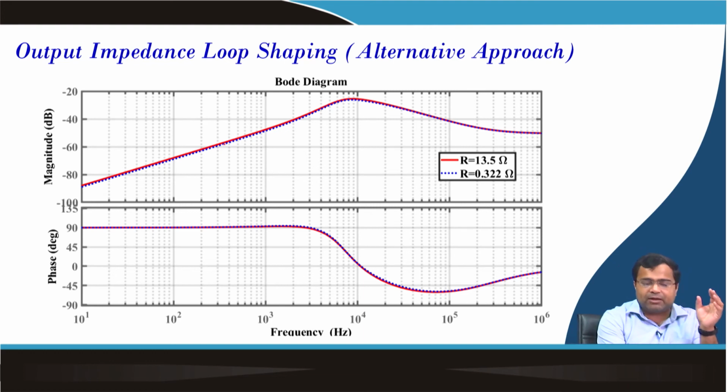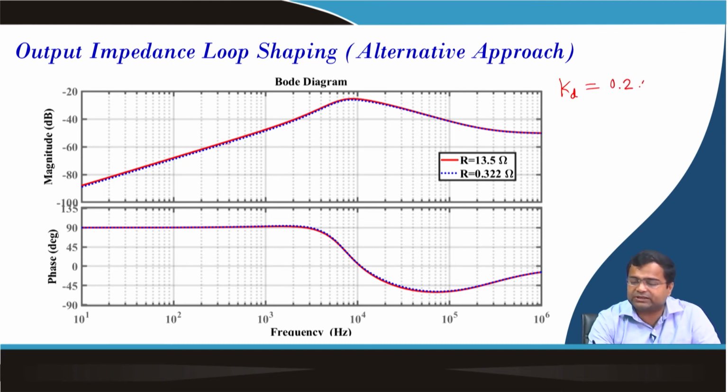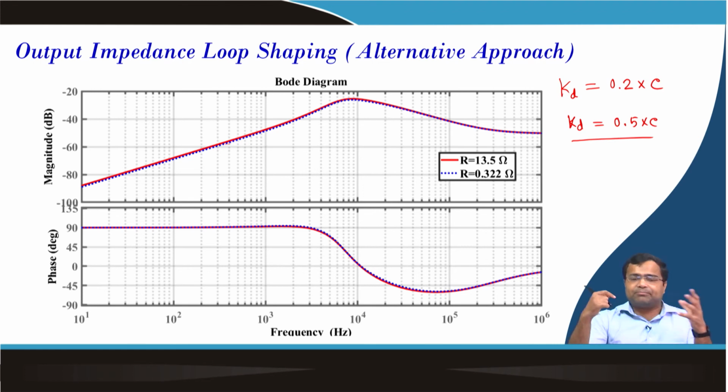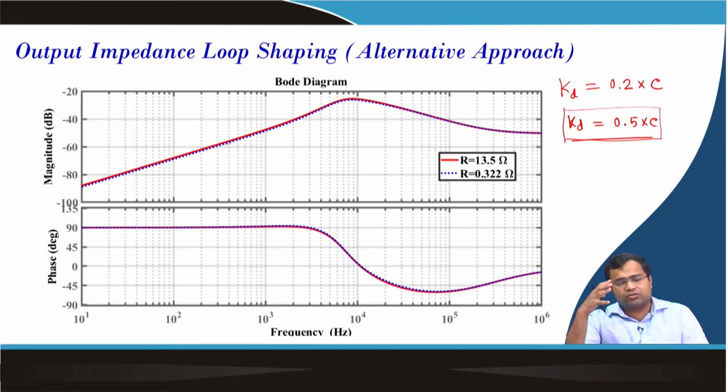We can further shape the output impedance by suitably choosing the derivative gain, which is a fraction of 2C. Here we took Kd in continuous time to be a fraction of 2C. We can take Kd to be maybe 0.5C, and you can get better output impedance. But the only issue is that if you increase it too much, in practical hardware it may inject noise. And when you go to digital, where there is no pure derivative, it is basically a discrete function.